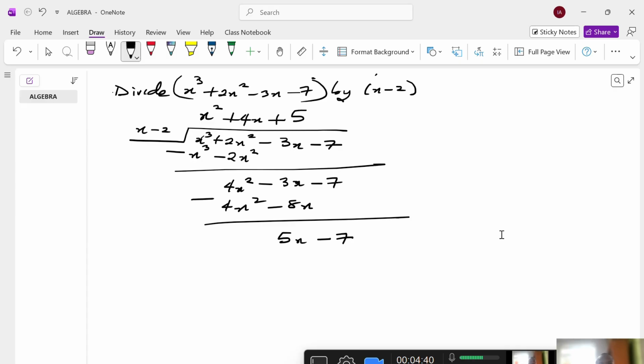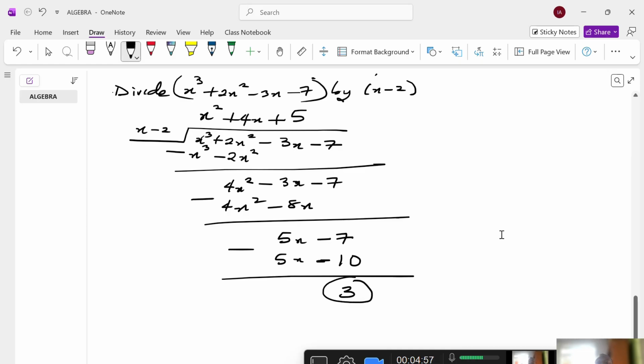5 times x is what? 5x. 5 times minus 2 is what? That is minus 10, isn't it? Because plus times minus is minus, 5 times 2 is 10. When you subtract, minus 7 minus minus 10 is 3. So this 3 is the remainder. 3 can no longer divide x because it does not have x. So this is the remainder.